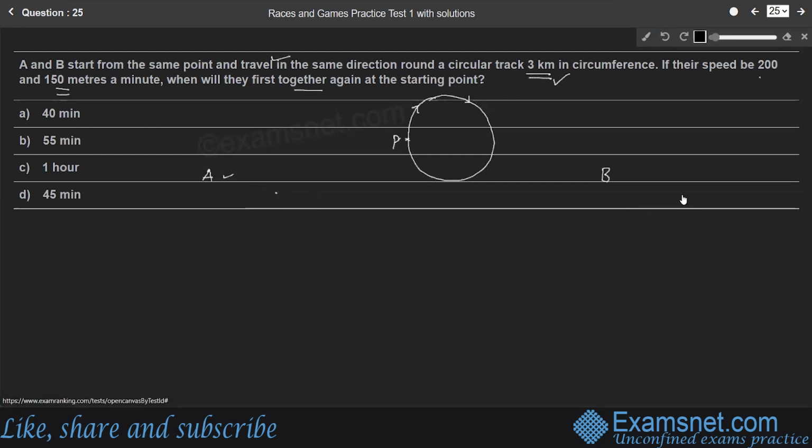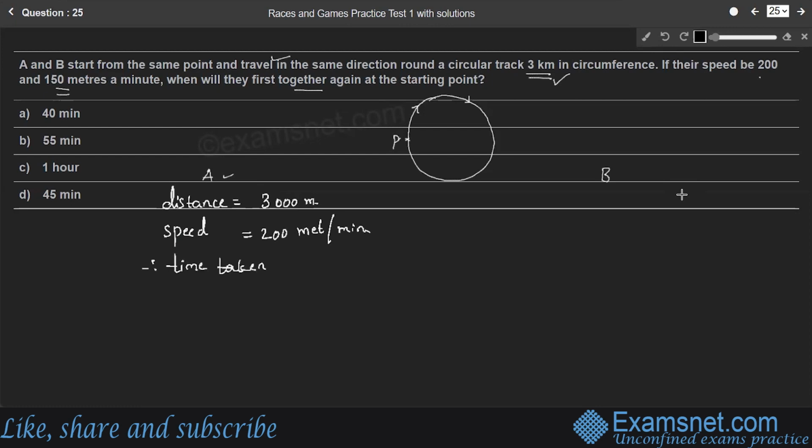So here, students, we'll consider the given data. Distance to be taken is 3 kilometer, which is 3000 meters, and A is moving with the speed of 200 meters per minute. Therefore, time taken by A to cover 3000 meter, to cover one round around a circular path.